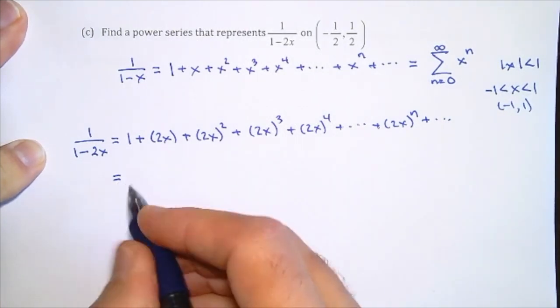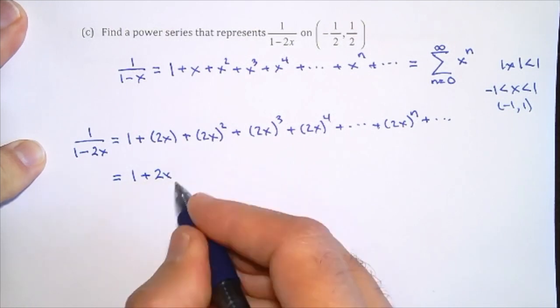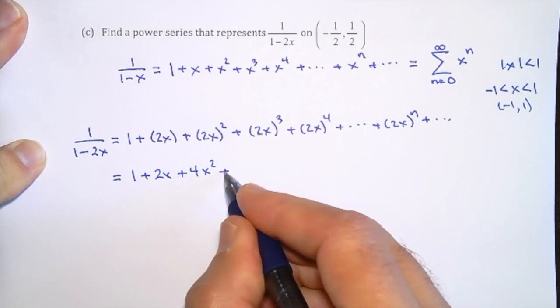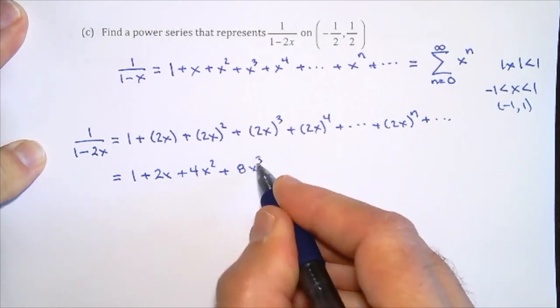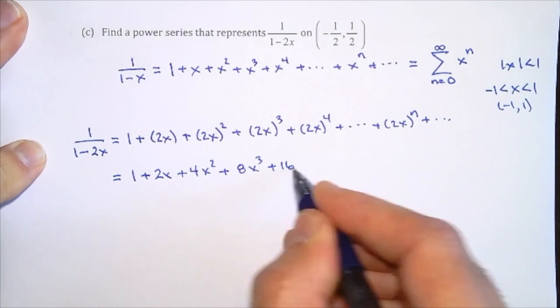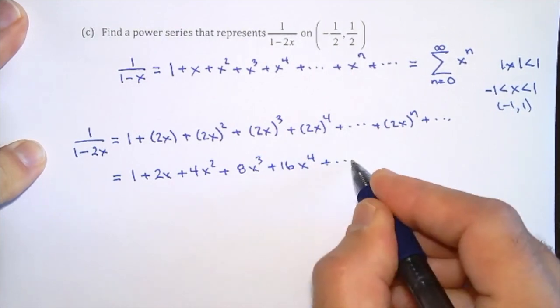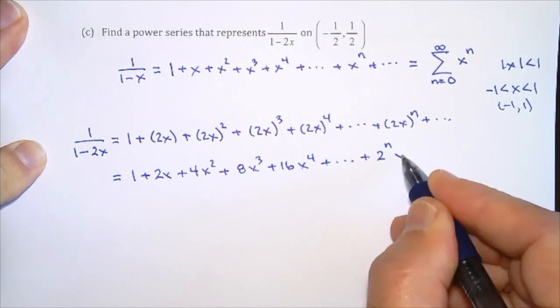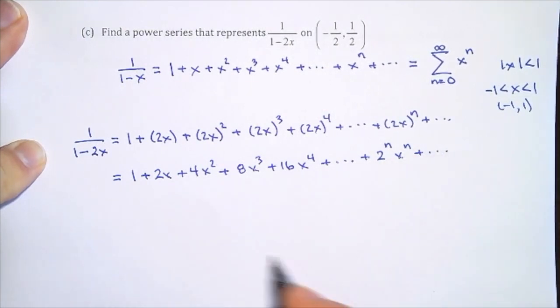Now we can clean this up a little bit. This would be 1 plus 2x plus 4x squared plus 8x cubed plus 16x to the fourth plus dot dot dot plus 2 raised to the n power x to the n power plus dot dot dot.